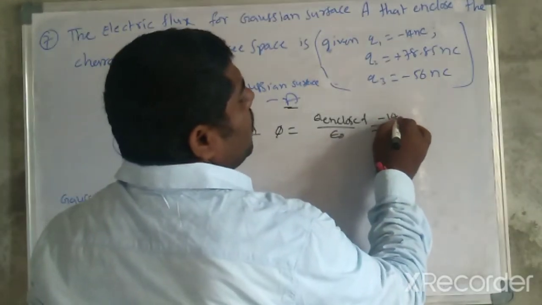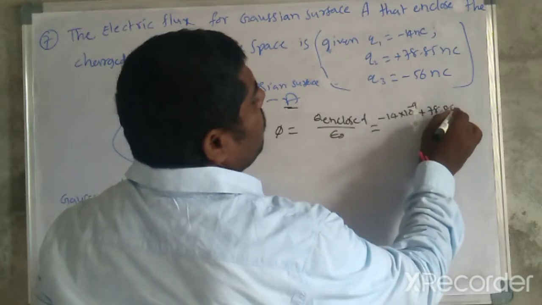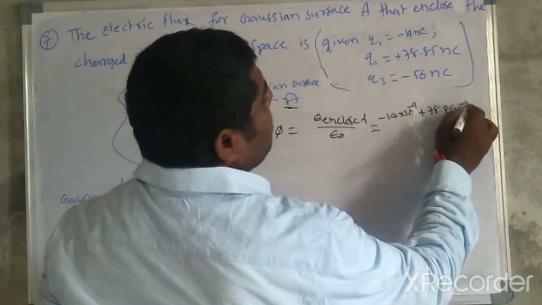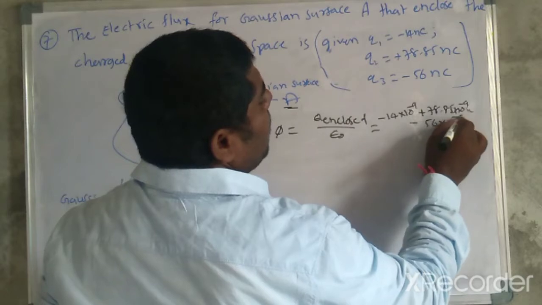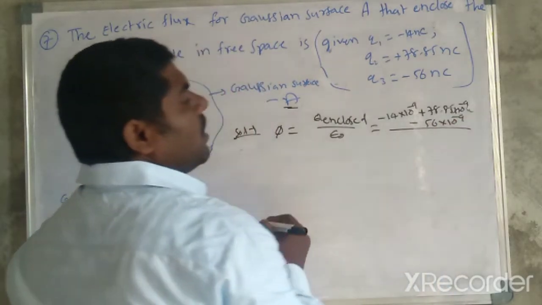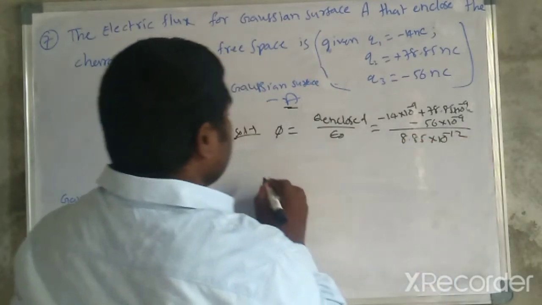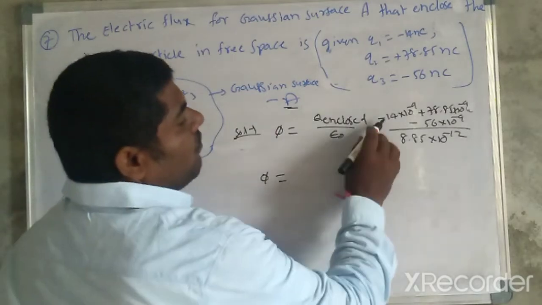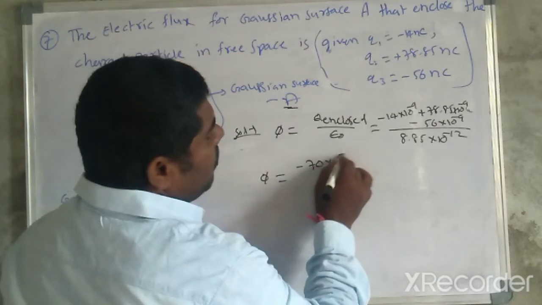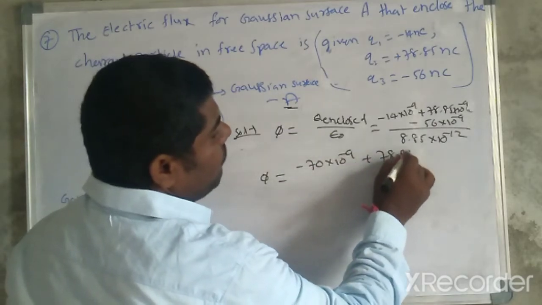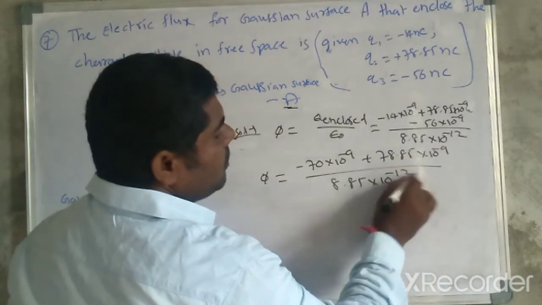Q enclosed is nothing but the sum of total charges: minus 14 into 10 to the power of minus 9 plus 78.85 into 10 to the power of minus 9 plus minus 56 into 10 to the power of minus 9 coulomb, upon epsilon naught. Epsilon naught value is 8.85 into 10 to the power of minus 12. So flux is equal to minus 14 minus 56, minus 70, into 10 to the power of minus 9 plus 78.85 into 10 to the power of minus 9, all divided by 8.85 into 10 to the power of minus 12.